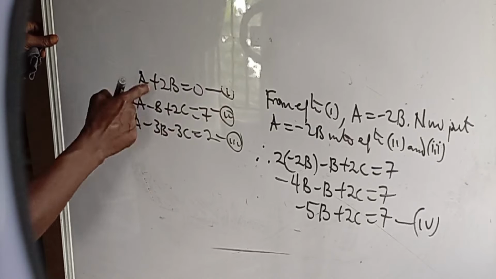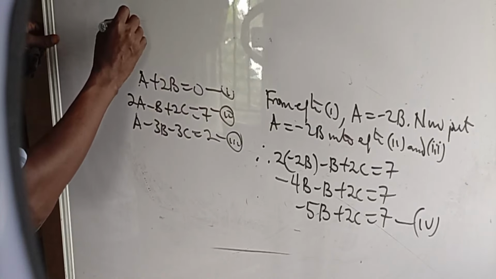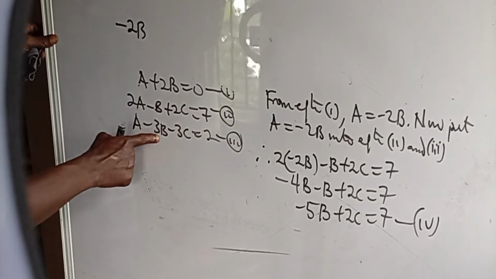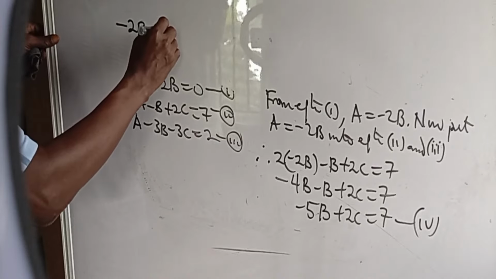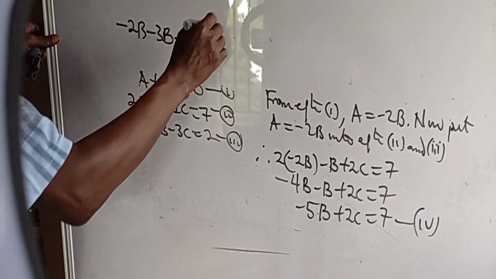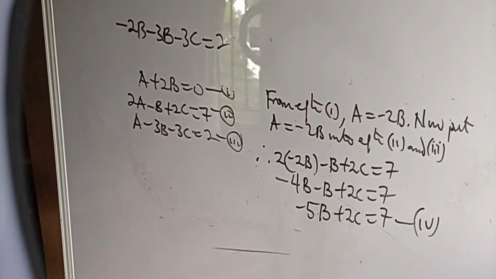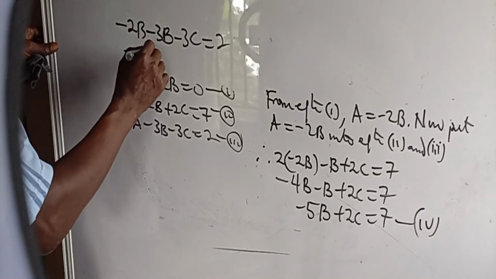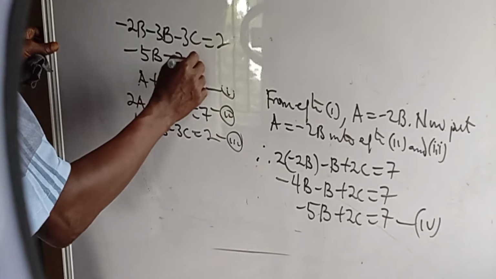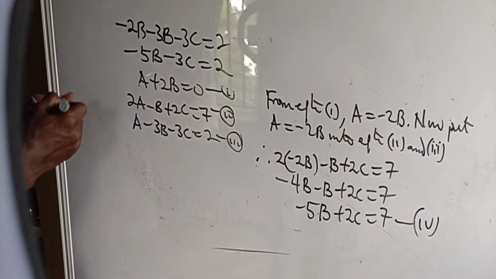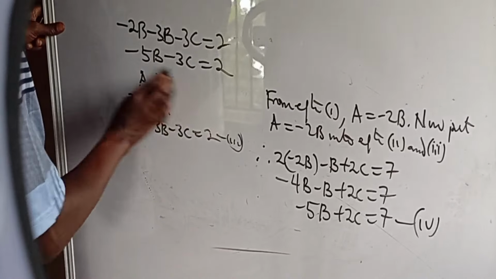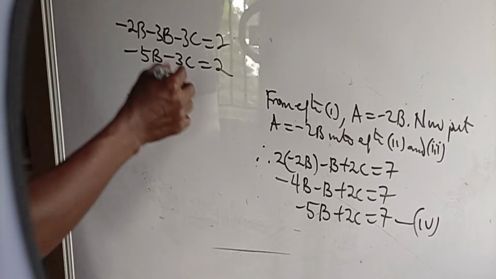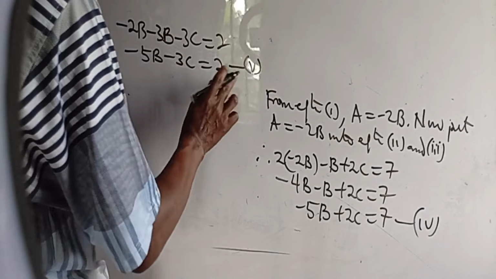Now put a equals minus 2b, so a changes to minus 2b, minus 3b, minus 3c, is equal to 2. That gives minus 5b minus 3c equals 2. That's our equation 5.